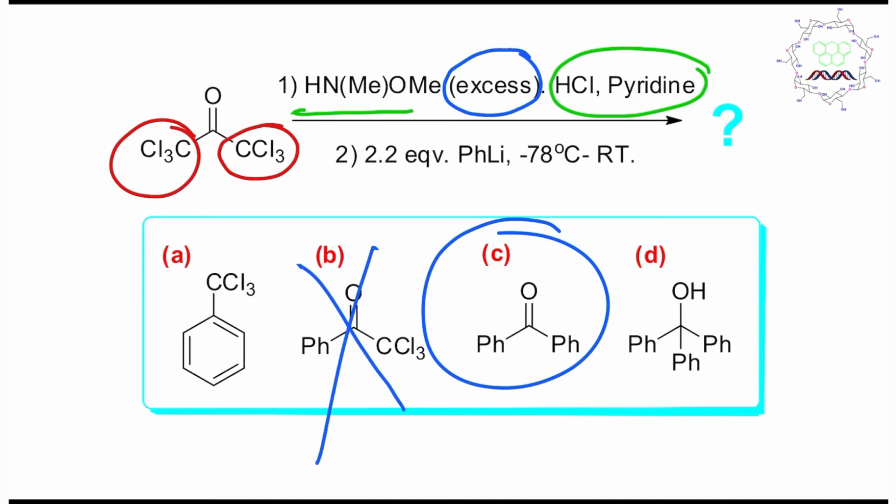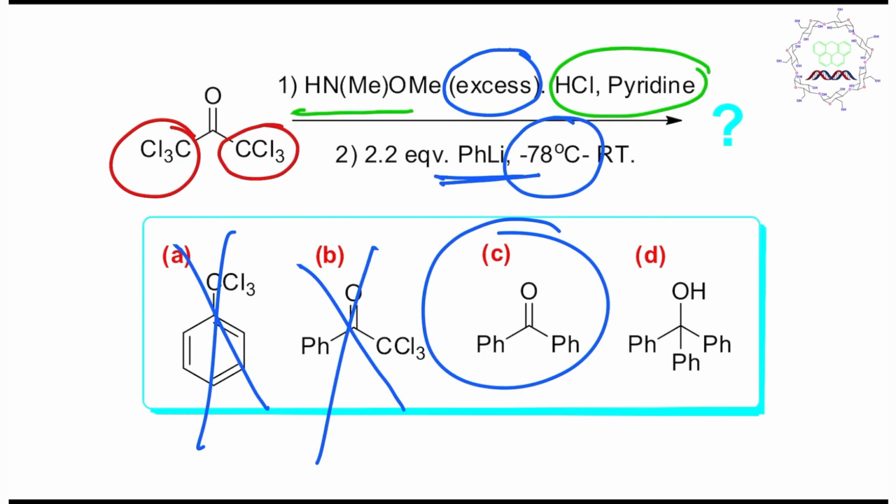Gone. Fine. Now another thing, this reaction is not possible even if I say that it will act as a nucleophile, because this CCl3 minus will leave. How can phenyl lithium react with CCl3? Option A is also gone. So the competition is between option C and option D. Now in this context, one name reaction you should know is Weinreb amide preparation, and this reaction is selective at low temperature like minus 78 degrees centigrade.